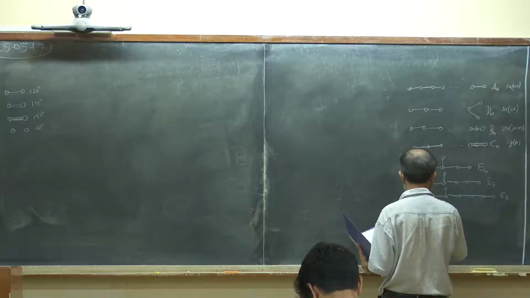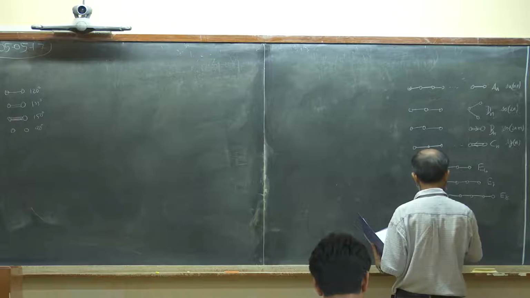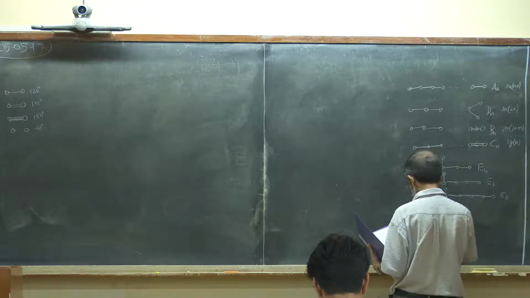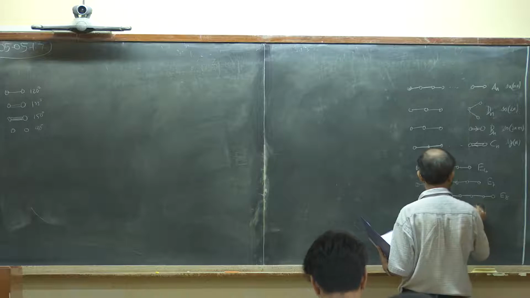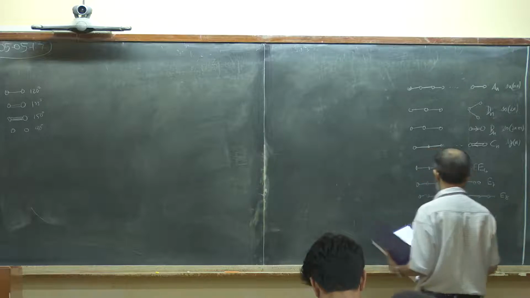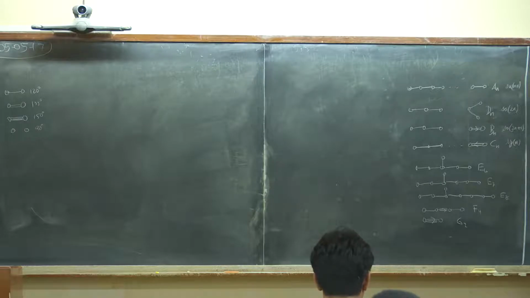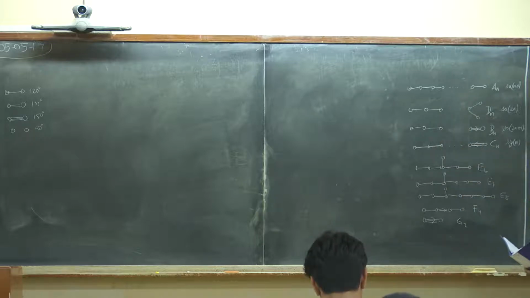And then there is an F4, and this is F4, and this is G2. These are all possible Lie algebras. Okay, so these are sometimes called classical Lie algebras, and these are called exceptional Lie algebras.